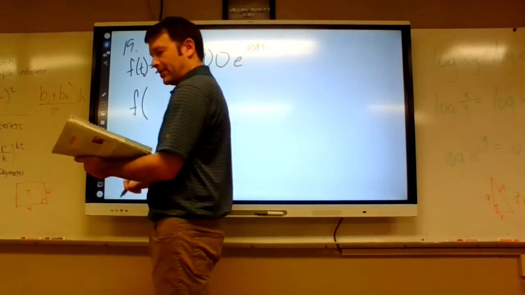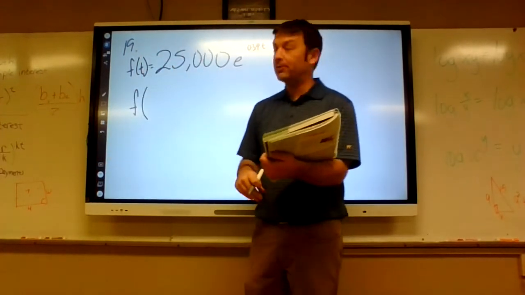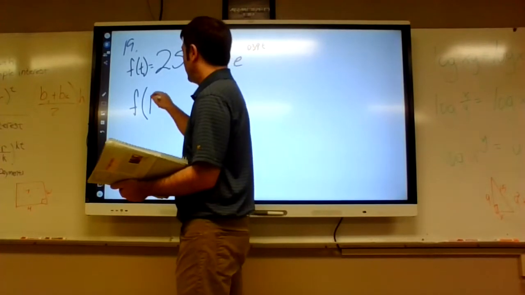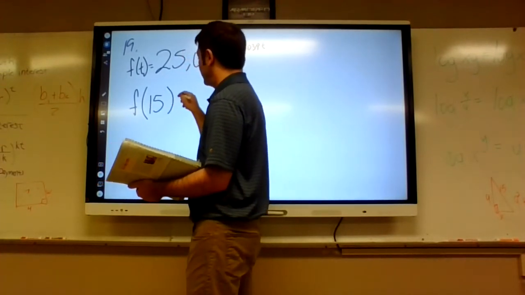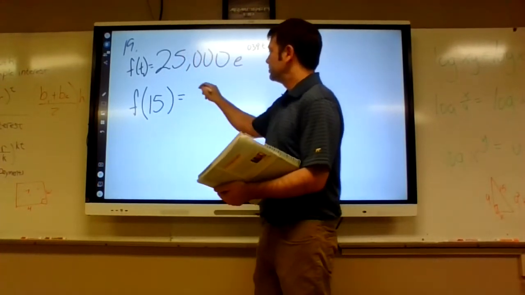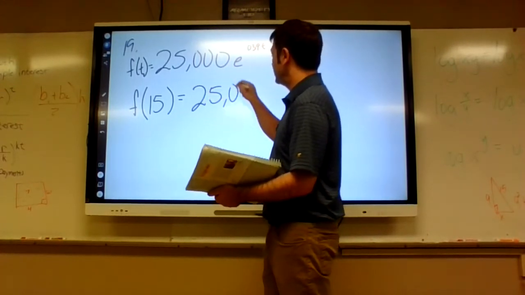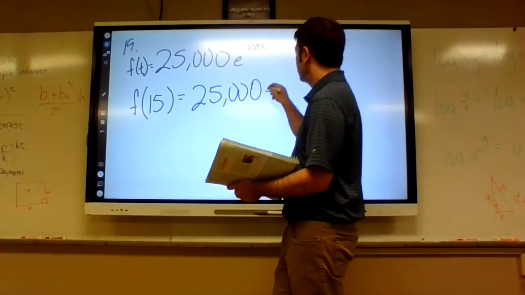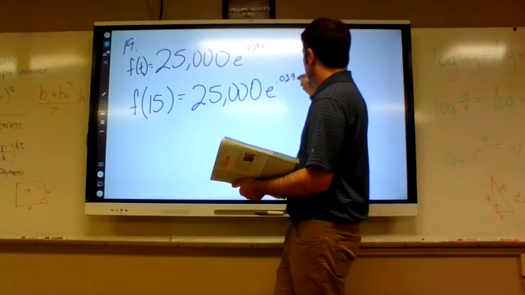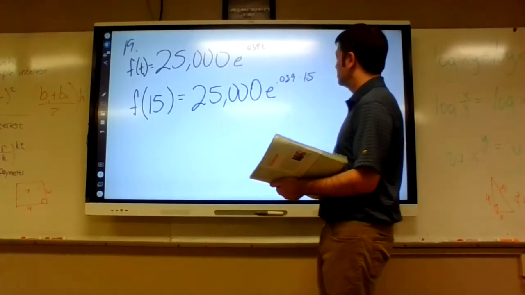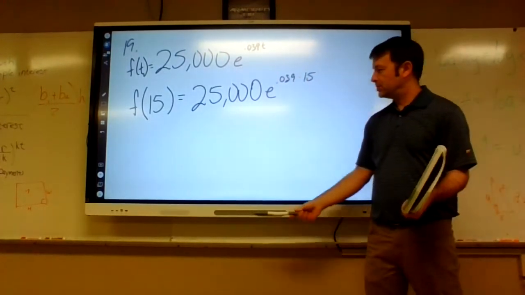And then the directions also said, you guys probably forgot, but you're supposed to figure out how much money we have after 15 years. So we need f of 15. Plug in 15 there.